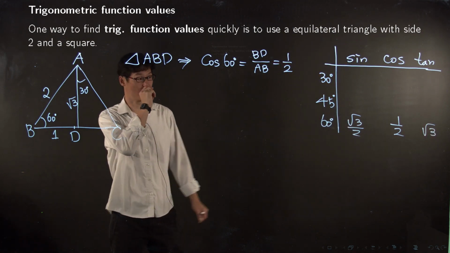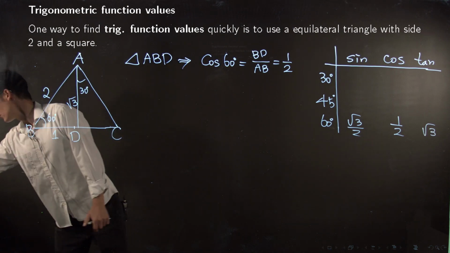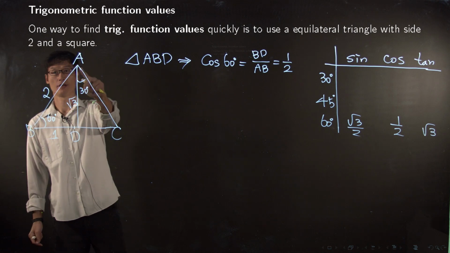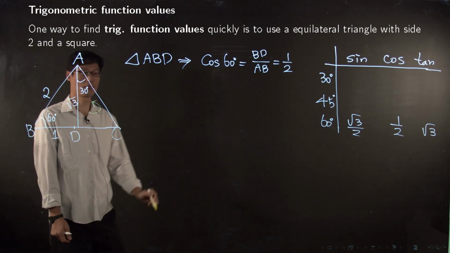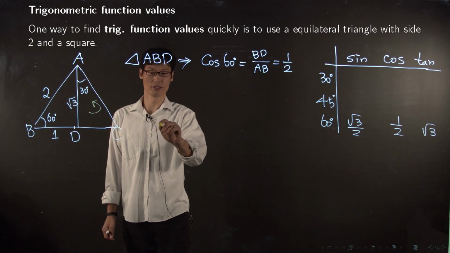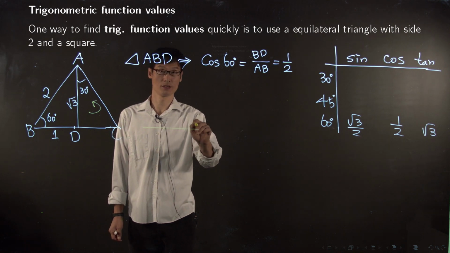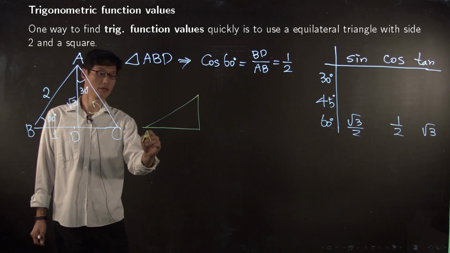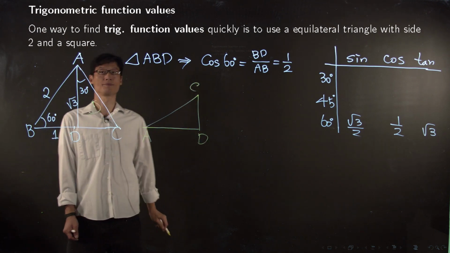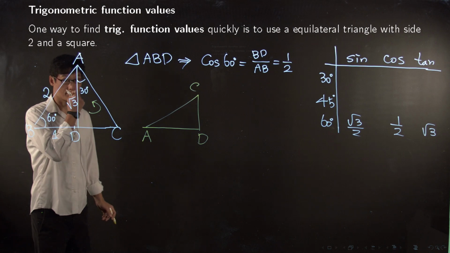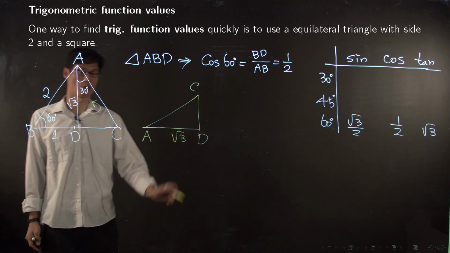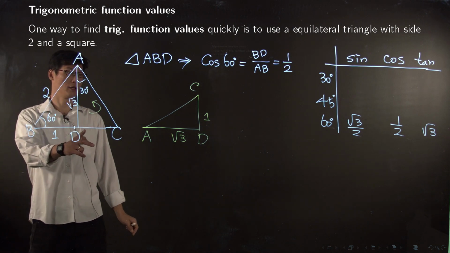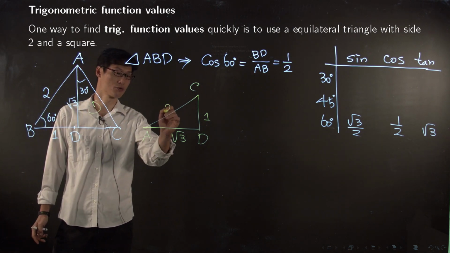Okay, for this angle 30, you can rotate to this right triangle ADC. AD has length square root 3, DC has length 1, and AC is the hypotenuse 2.